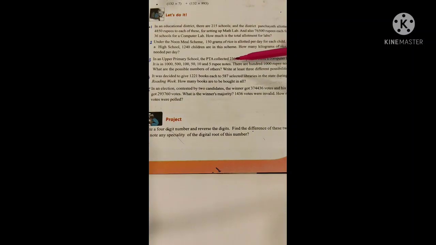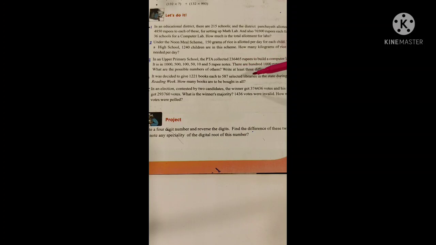Here the collected amount is 2,36,465. In this amount there are 100 1,000 rupee notes. You have to find out the possible number of other notes that are given here. Now I explain one possible method.